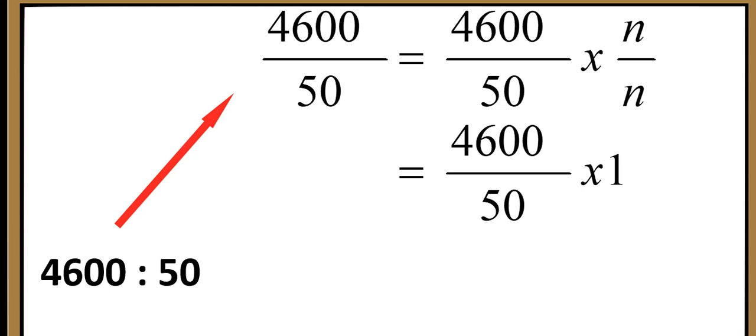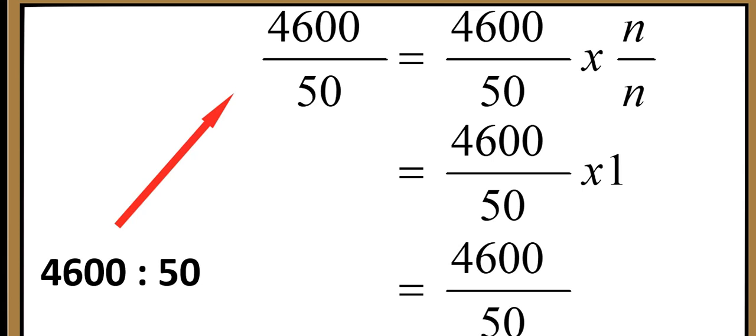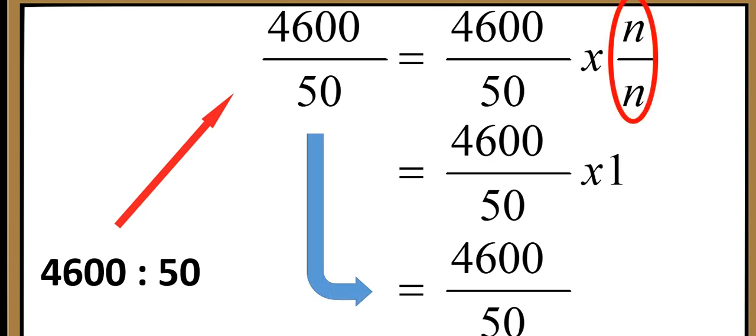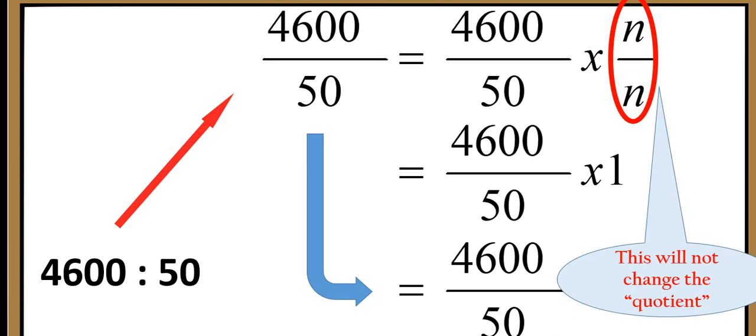This means it has no change at all. So we get 4,600 over 50, which is the same as the original form. We can say that when numerator and denominator are multiplied by the same number, it will not affect the equation.